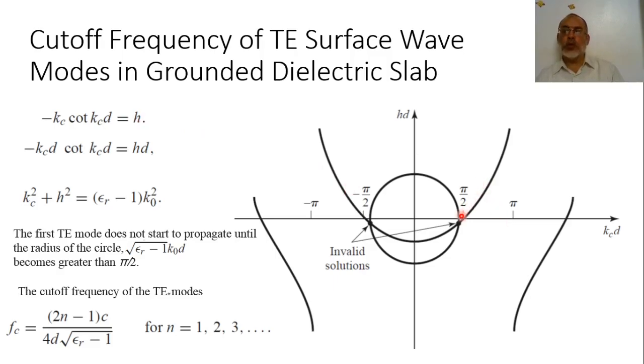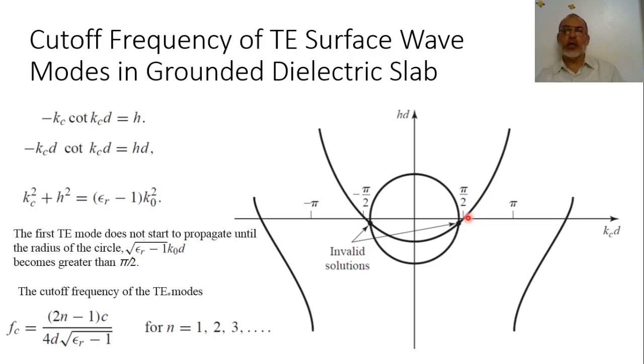This corresponds to the cutoff wave number of the transverse electric surface wave mode. So the first transverse electric surface wave mode will propagate when the value square root epsilon r minus 1 k naught d would be pi over 2 or greater than pi over 2.